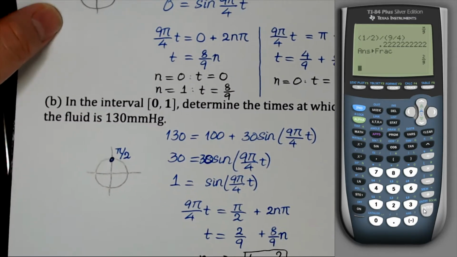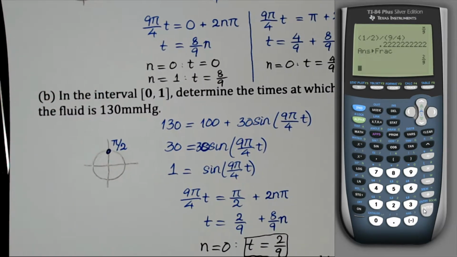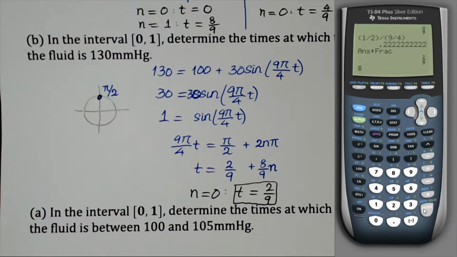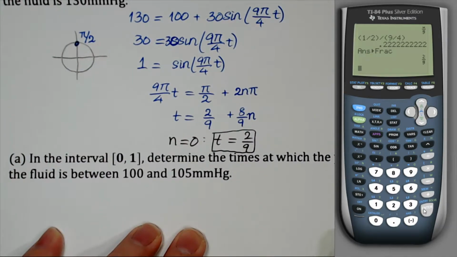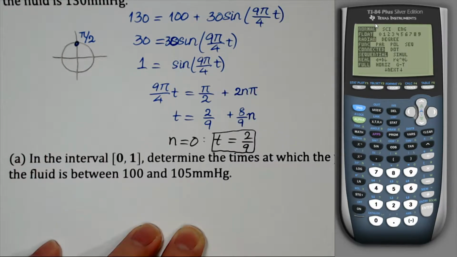Right. Next, we are asked to determine when the pressure of the fluid is between 100 and 105. We have to use a calculator on this one. So first, let's plot the function. Just make sure that it is in radian mode. It is, so it's good.